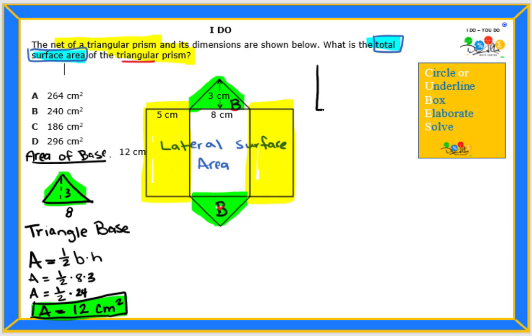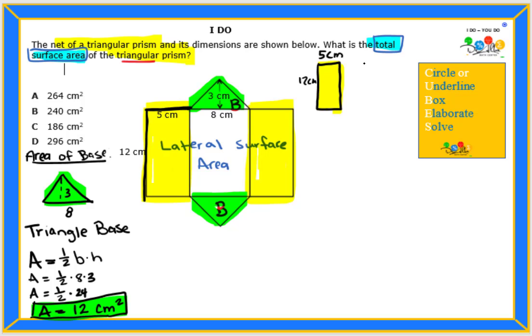So I like to sketch the section that I am working on. And so these are the ones that I shaded yellow. I want to try to see if I can find the dimensions somewhere. So this one doesn't have any dimensions anywhere labeled, but this one has this side labeled as 5, so that would be 5 centimeters for the base, and then it also has the height labeled as 12.